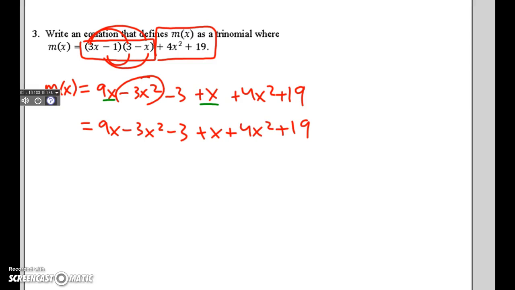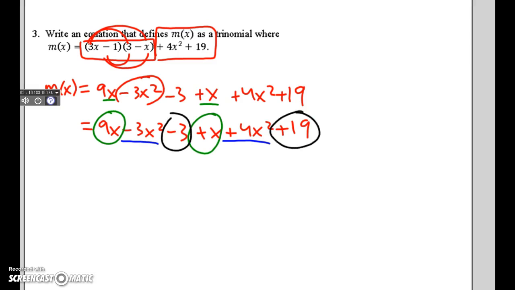Okay, I want to identify all the like terms and combine them. So I have 9x, positive x, and when I circle these, I'm including the sign to make sure I don't forget. So I have all my x's, I have negative 3x squared, positive 4x squared, and it looks like I have a negative 3 and a positive 19. Okay.